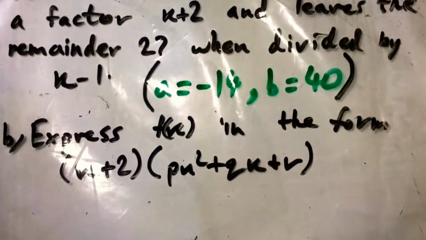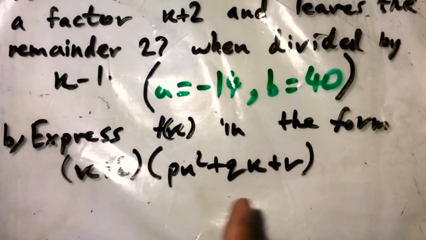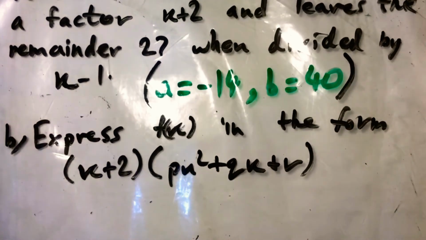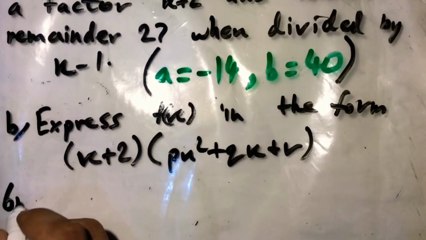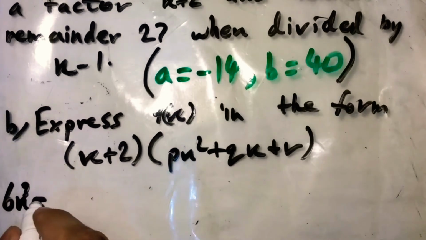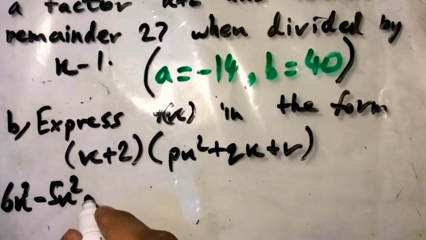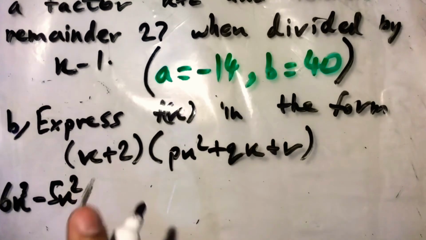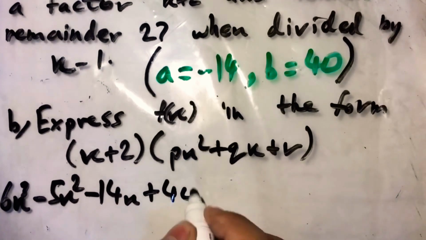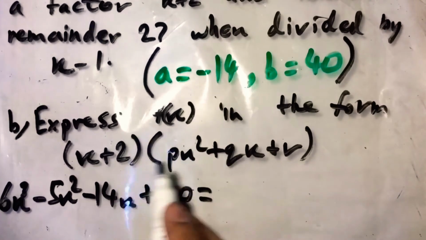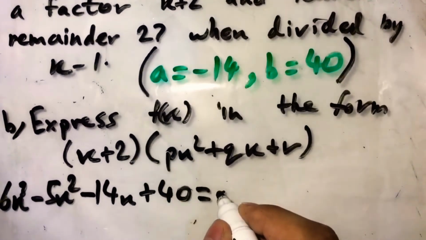Now the next part says express f(x) in the form as this. So for this, we'll first write the equation f(x). A we have as minus 14, so minus 14x, and b as 40 equals to, we have to simplify this.